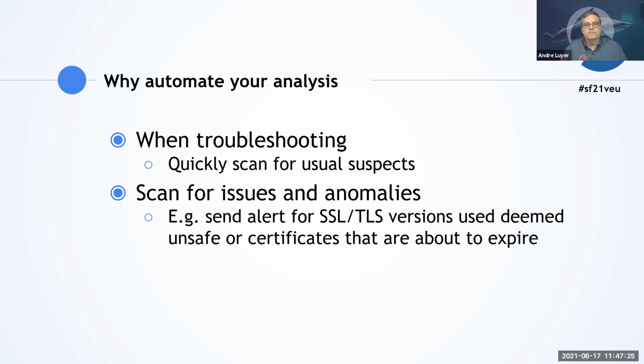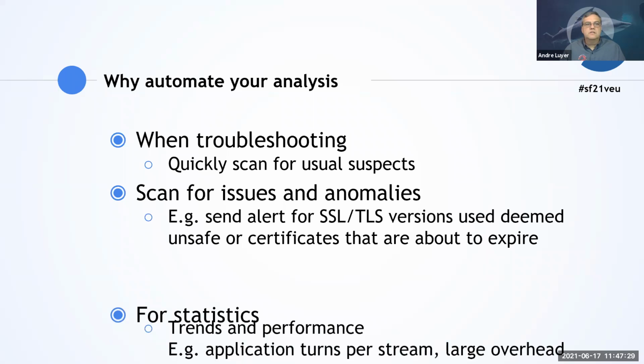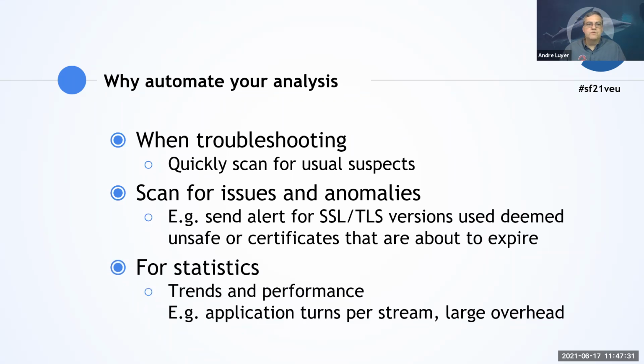You can also trigger on certificates that are about to expire. Another use is statistics, looking for trends and performance issues. For instance, you can look at application turns, or at whether the overhead is too large. And it can be part of a CI pipeline. You see that more often nowadays.